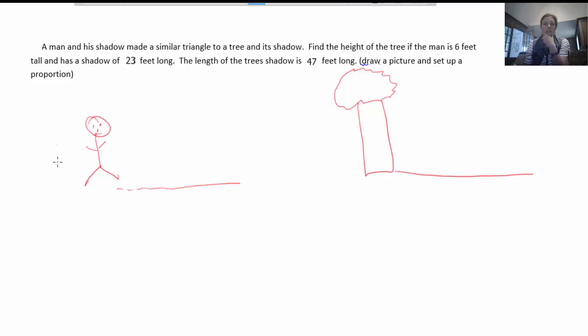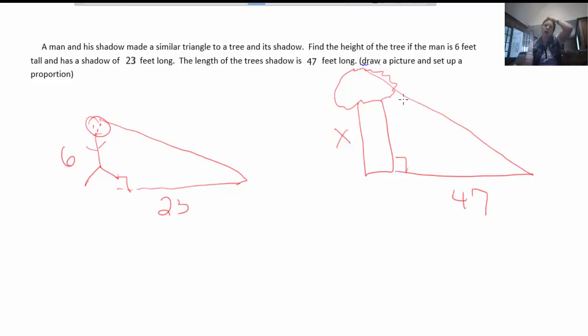The man is 6 feet tall. Find the height of the tree. So this is what we're looking for. If the man is 6 feet tall and his shadow is 23 feet long, the length of the tree's shadow is 47 feet long. We're assuming he's at a right angle with the ground. All trees aren't, but we're assuming this one is. So we want to know the height right here.